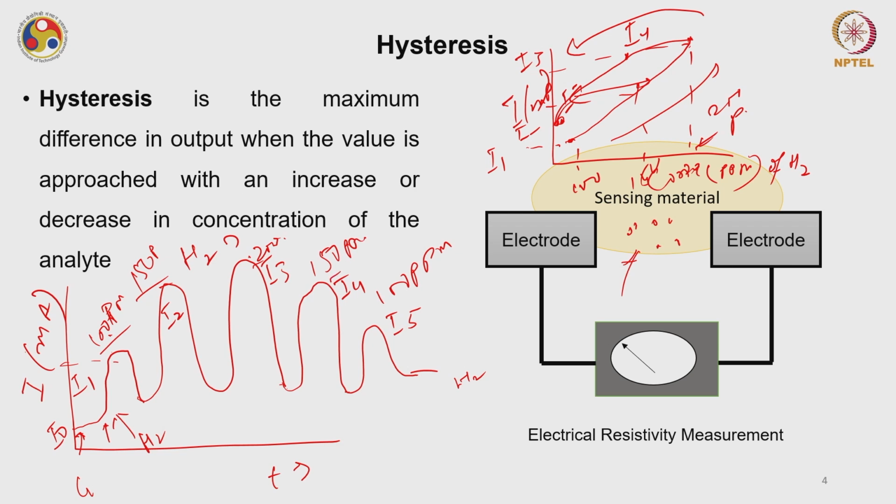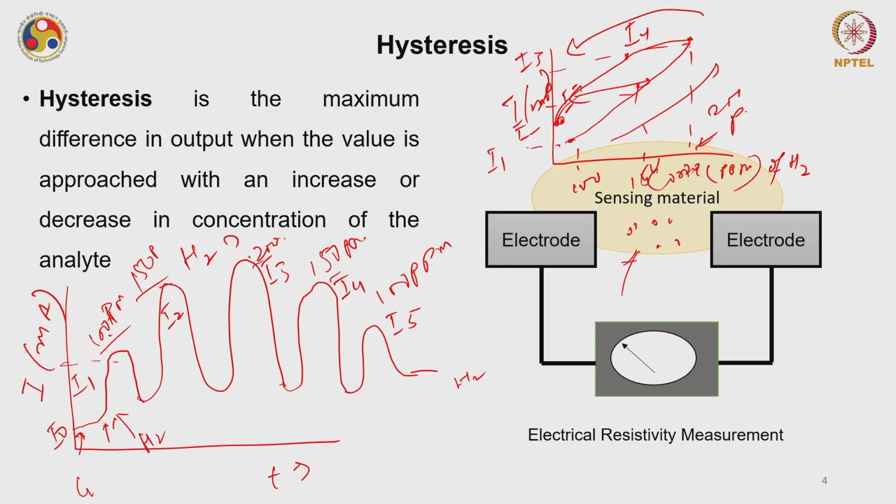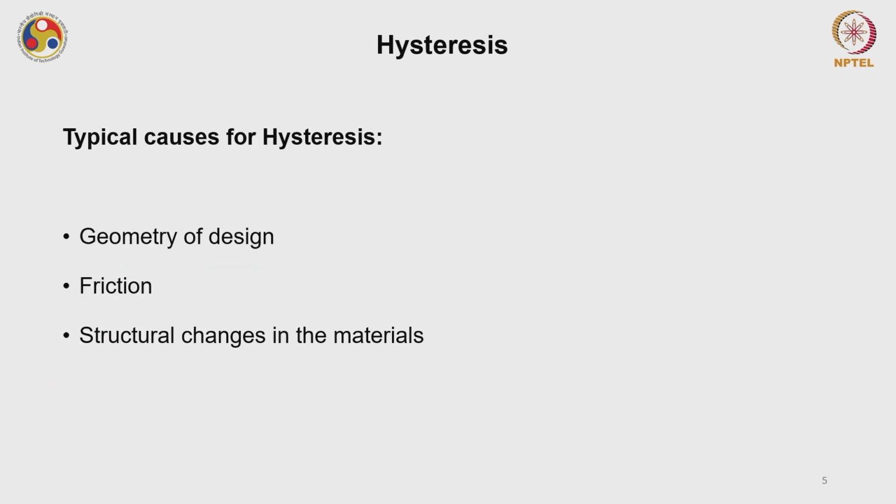Already it has some level of increased conductivity, and now you are pushing another 150 ppm of concentration. Therefore the current level will obviously be on the higher side. It can also be due to a permanent or pseudo-permanent change in the surface of the sensing material. So let's move towards the next characteristic, which is linearity and non-linearity.